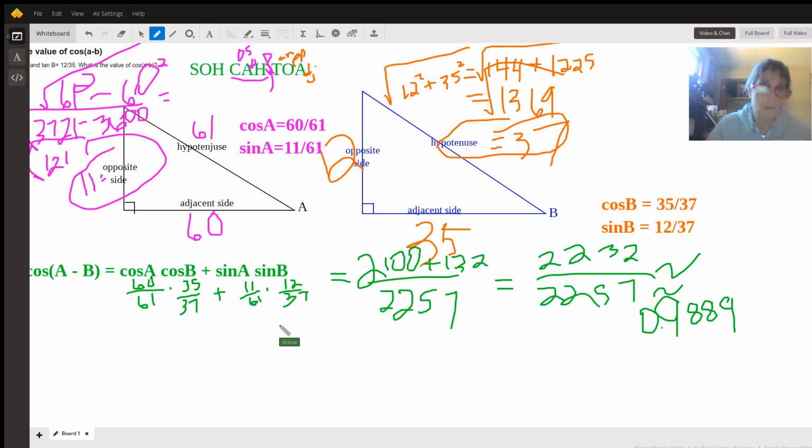We can figure out what A is. A is the cosine inverse of 60 over 61. And in radians, this angle is 0.1813. These will be approximations, but it can be done.